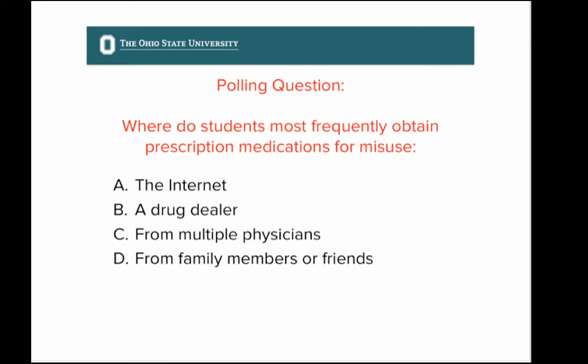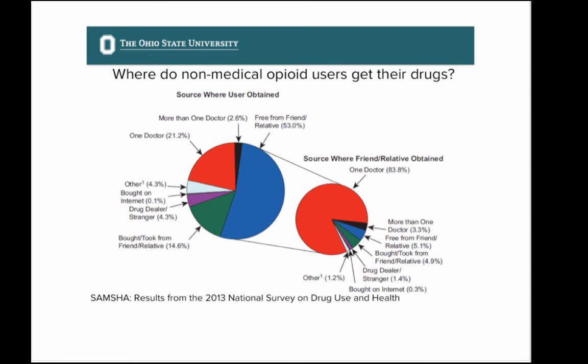And then about 20% come from one doctor where the person went into the doctor and would claim to want the opioid for pain when they didn't really have pain and intended to use the opioid for another purpose. So an interesting question is, of all these opioids that people are getting from friends and relatives, where do the friends and relatives get them from? And the vast majority is from a single doctor.